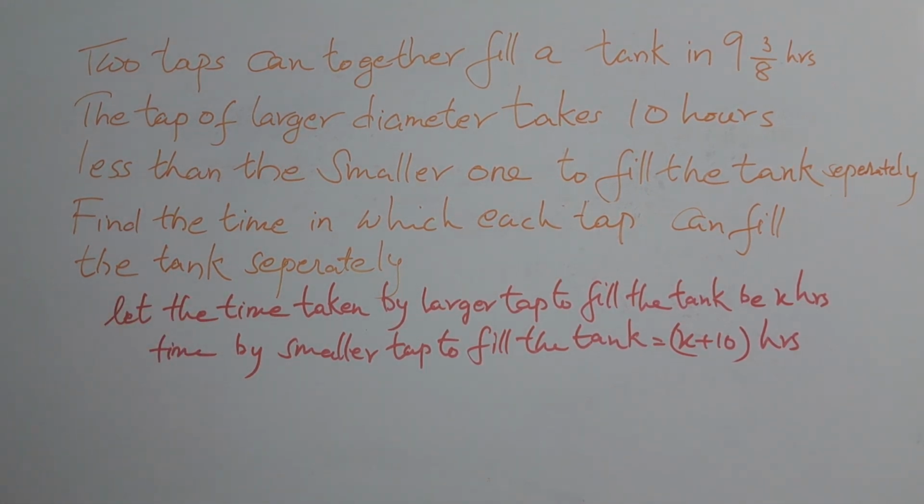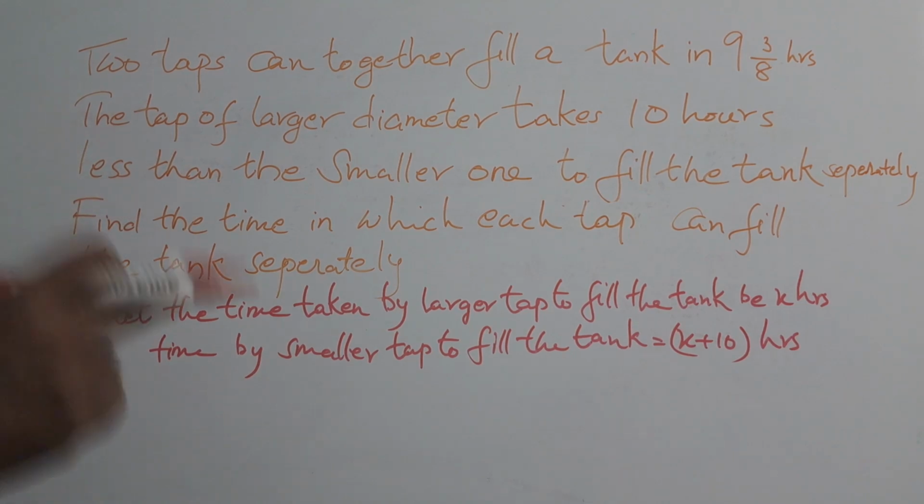Now, let's consider the part of the tank filled by the larger tap in 1 hour. See, if a tap takes 7 hours to fill the tank, in 1 hour it fills 1 by 7 part of the tank.